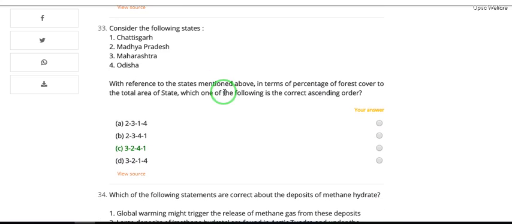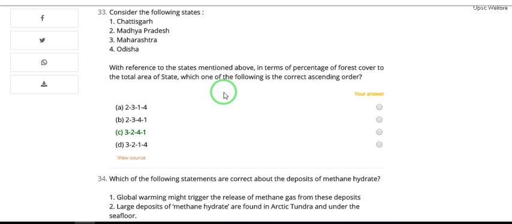Now see, we have to consider question number 33: Chhattisgarh, Madhya Pradesh, Maharashtra and Odisha. With reference to the states, mention the above in terms of the percentage of forest cover to the total area of the state, in ascending order. So firstly, of course, we'll go with Maharashtra, then with MP, and after MP, Odisha, and after that Chhattisgarh, because it is asking for ascending order of the percentage of forest cover to the total area of the state.